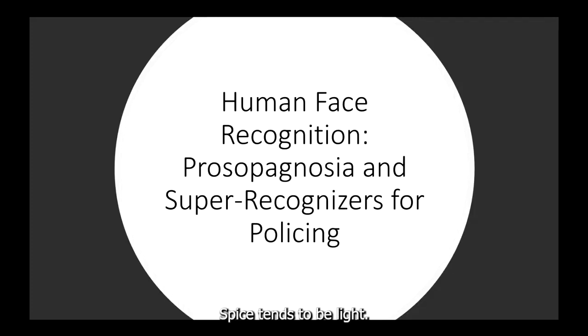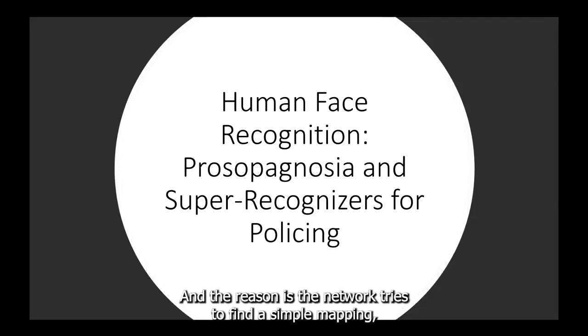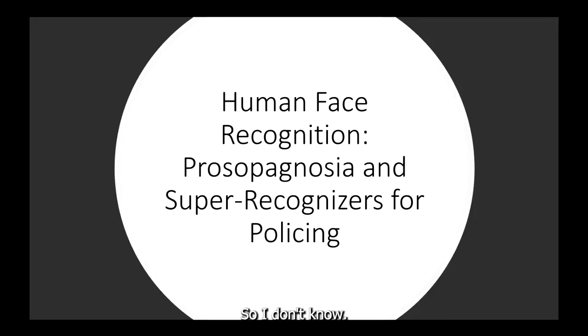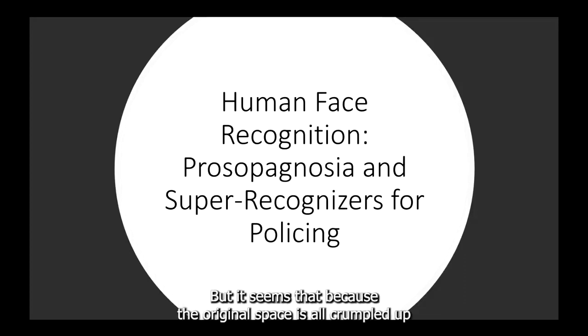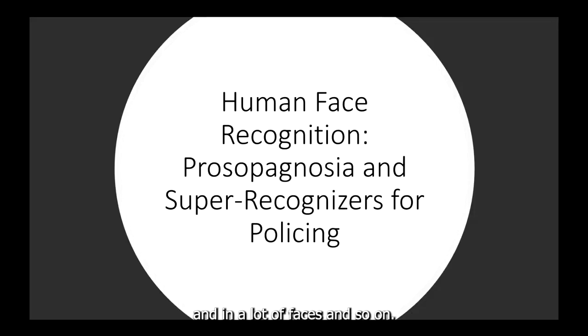Latent space tends to be Euclidean. The reason is the network tries to find a simple mapping, and the simplest mapping is to a Euclidean latent space. I don't know that there are any theoretical guarantees, but it seems that way because the original space is all crumpled up, with faces and so on.